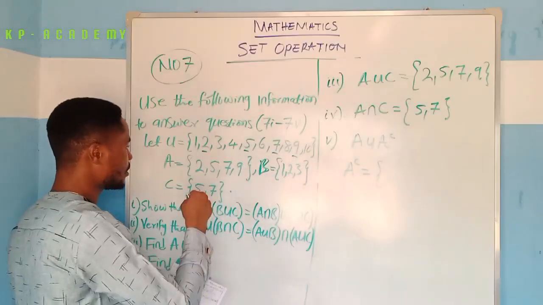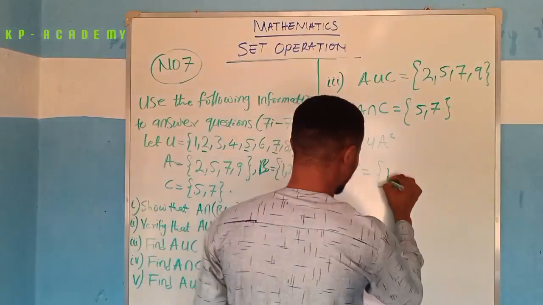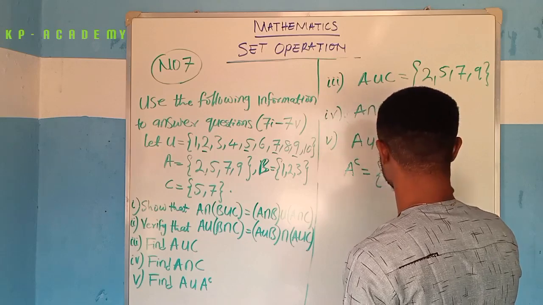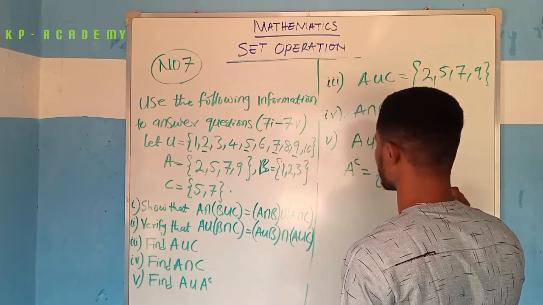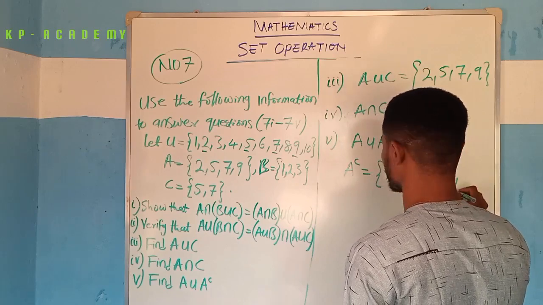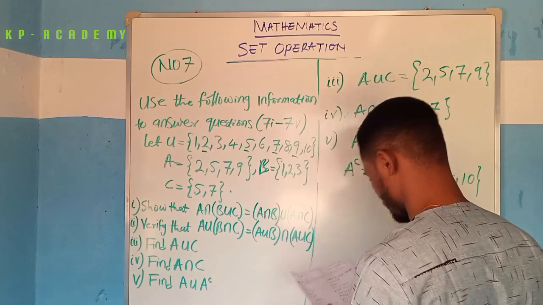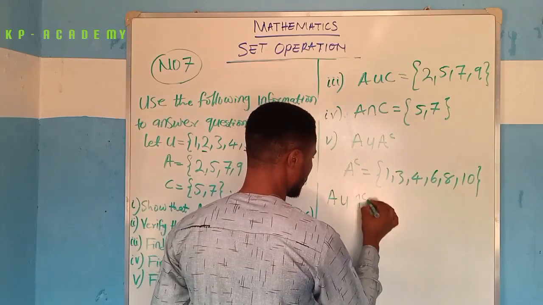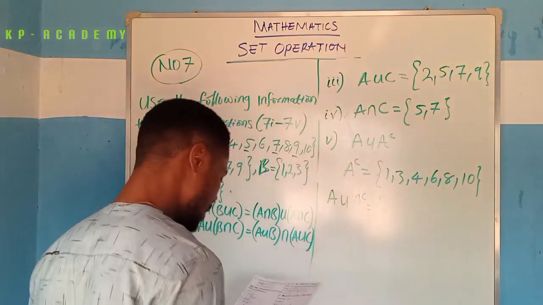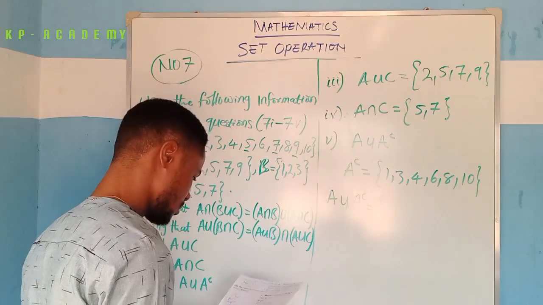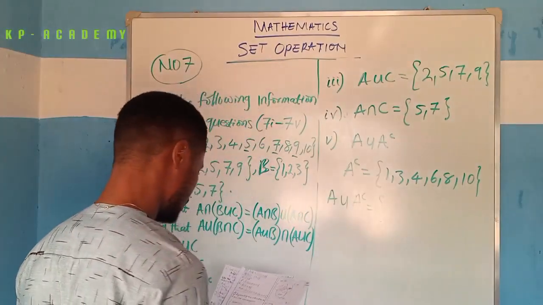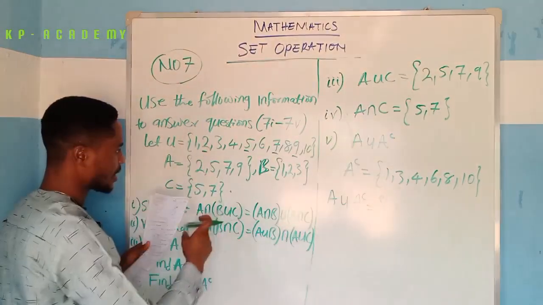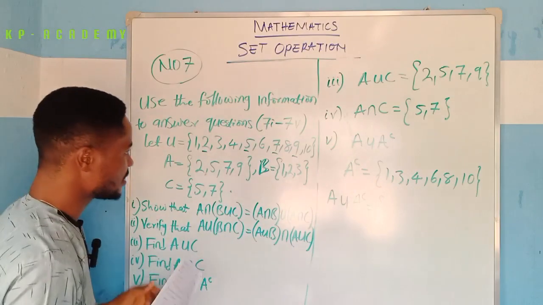So in the universal set, I will now have 1, 3, 4, 6, 8, 10. And that will be it. Therefore, A union A complement will now be, this is A complement, this is A, so write out all the elements both of them have, but without repeating any one that occurred twice.